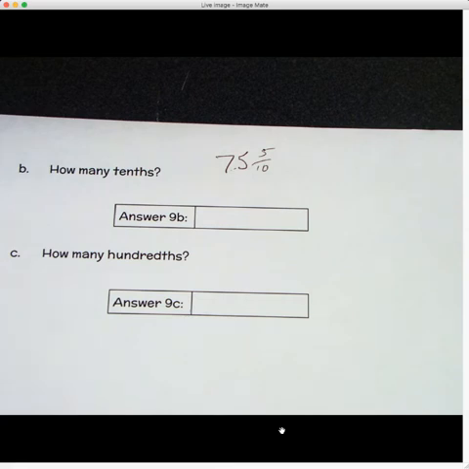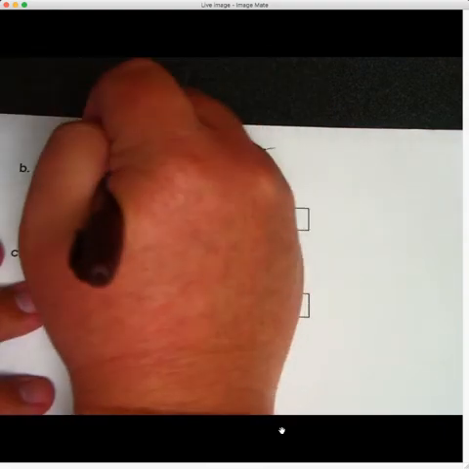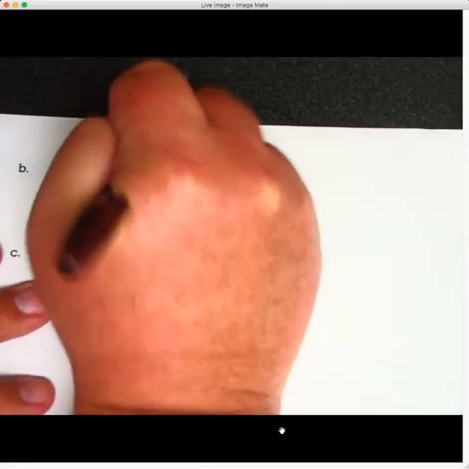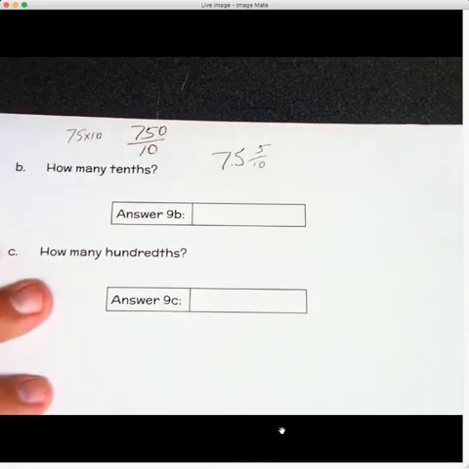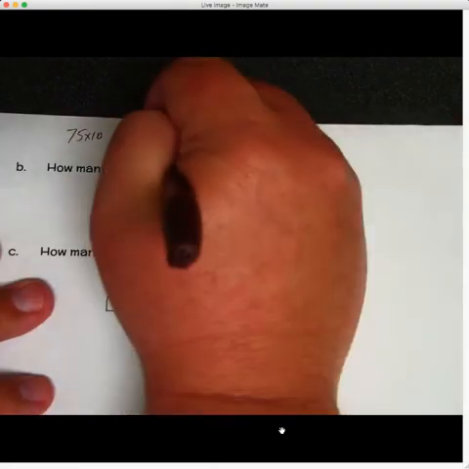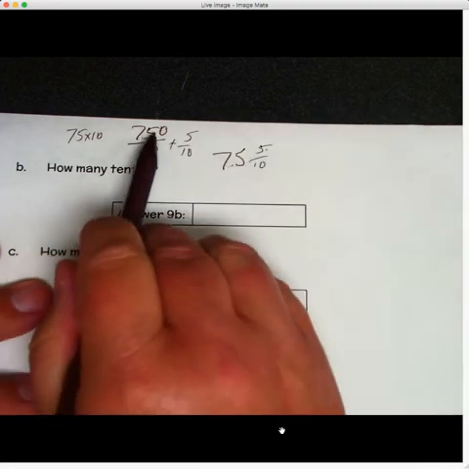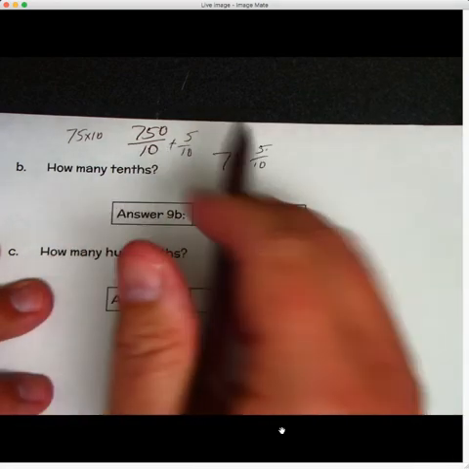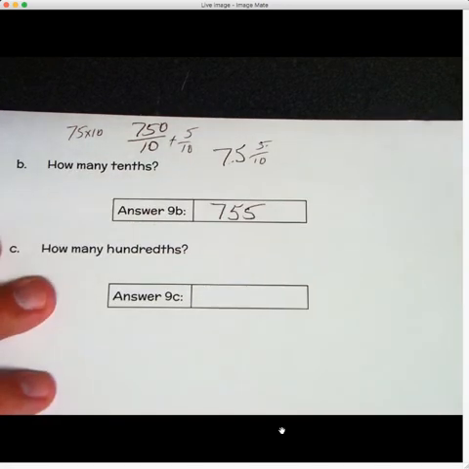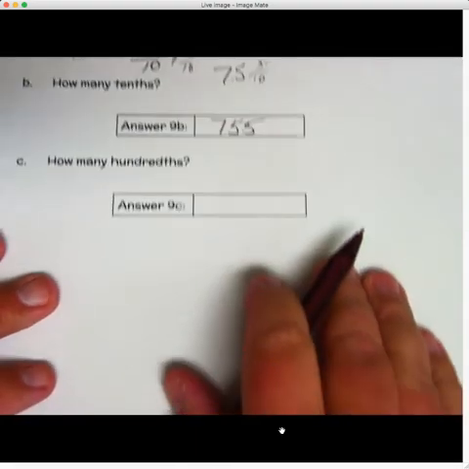I'd have to do that 75 times, or I can just do 75 times 10, which is going to be 750 tenths. And then I have 5 tenths more. So 750 tenths plus 5 tenths is 755 tenths.